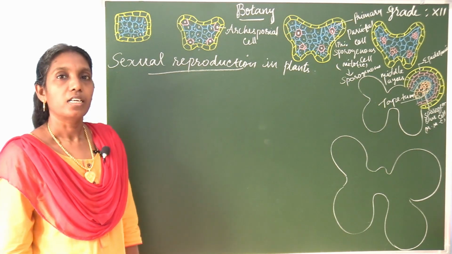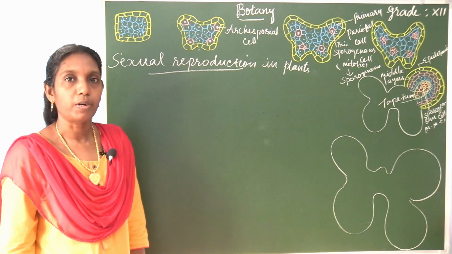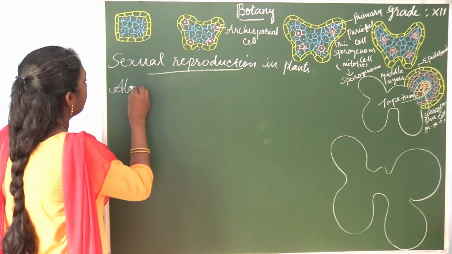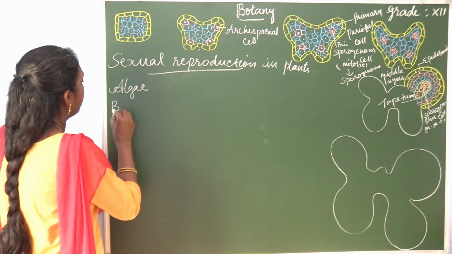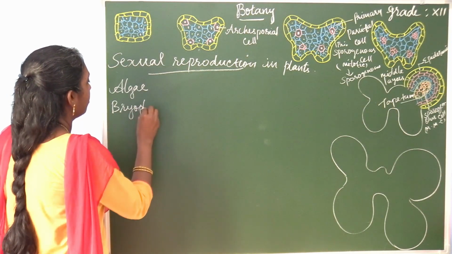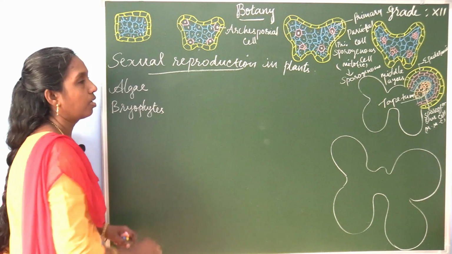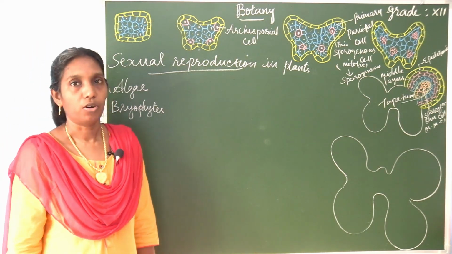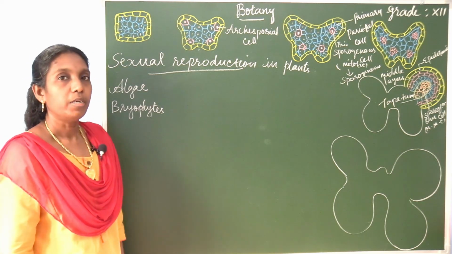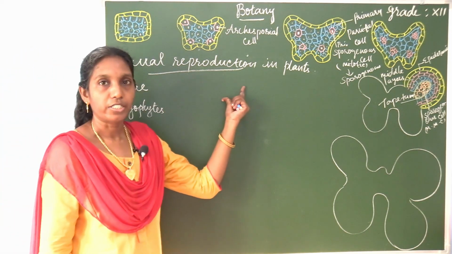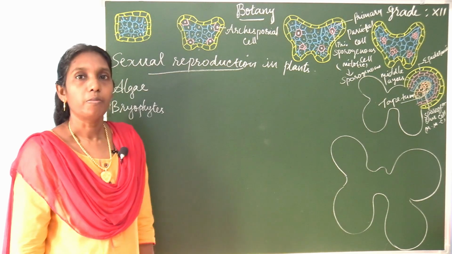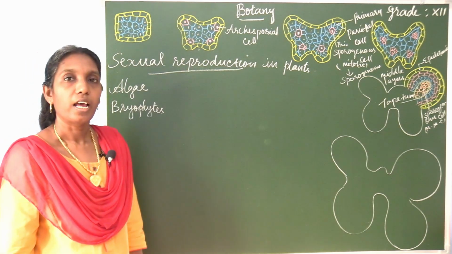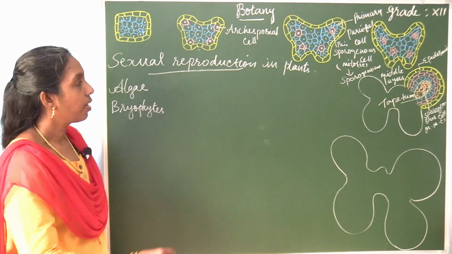Before that, let us see how sexual reproduction takes place in algae and bryophytes. Algae and bryophytes, as you know, are the lower form of organisms. Normally, sexual reproduction undergoes two main processes, namely the production and fusion of gametes.